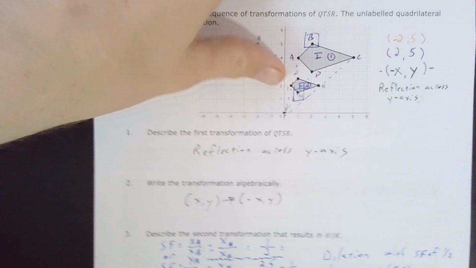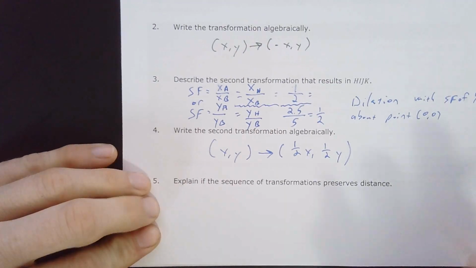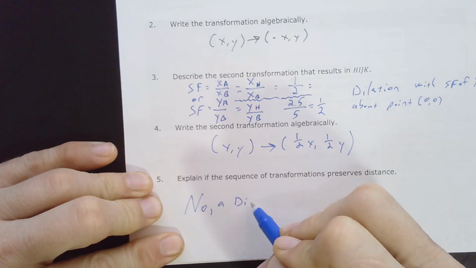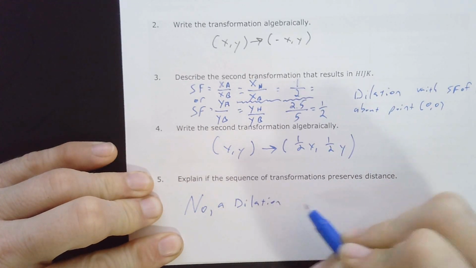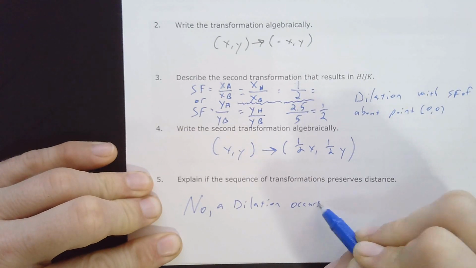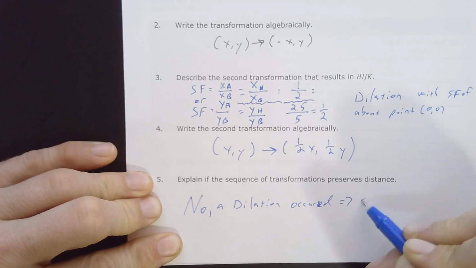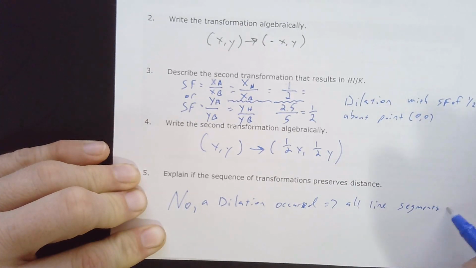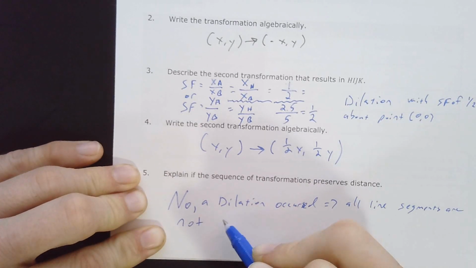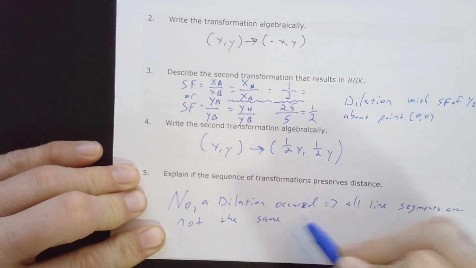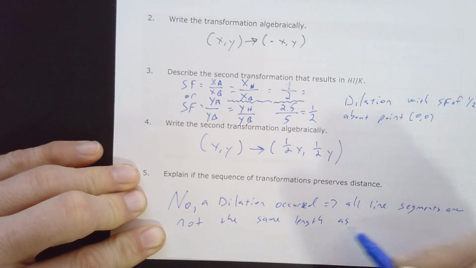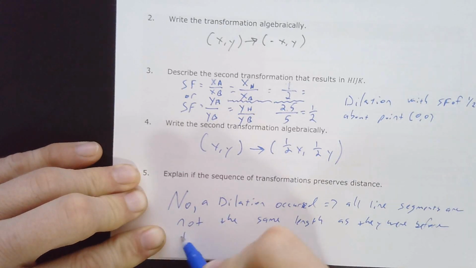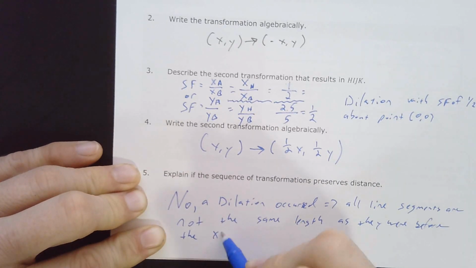And explain if the sequence preserved distance. No, a dilation occurred, therefore all line segments are not the same length as they were before the transformation.